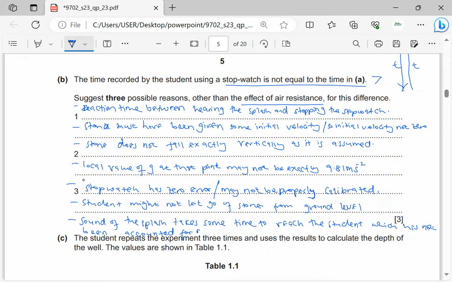And maybe the student may not let go of the stone and start the stopwatch at the same time.